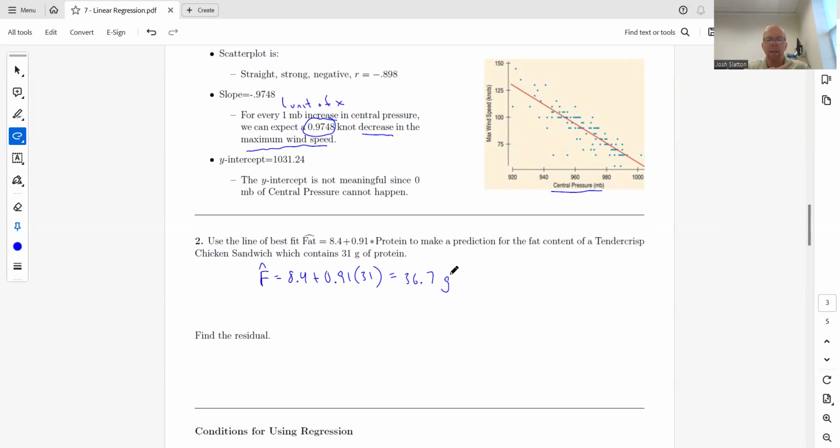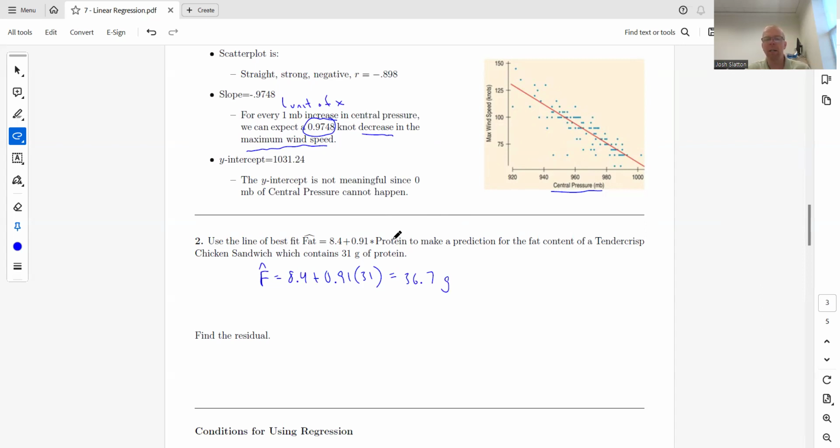One thing to mention, just as an aside, because you may see this at some point. In this case, protein has units of grams, and fat also has units of grams. They don't have to have the same units to do this regression. Obviously, central pressure and speed do not have the same units. But for instance, if you were looking at sodium and making a prediction on fat, sodium would probably be measured in milligrams. Fat would still be measured in grams.